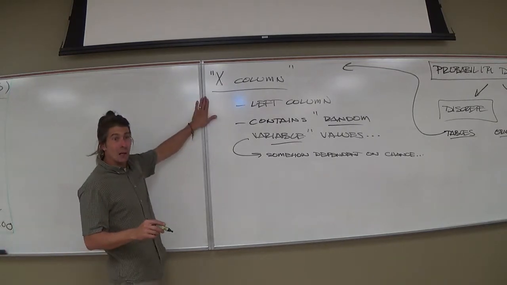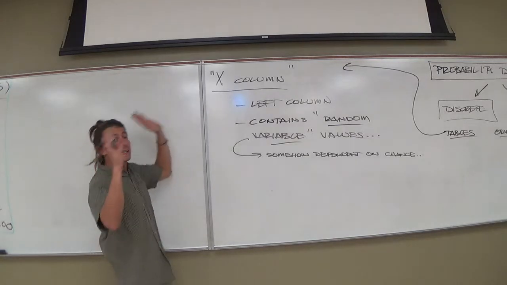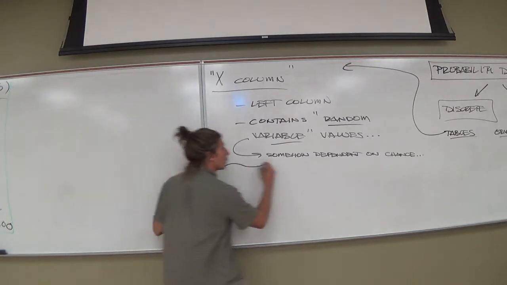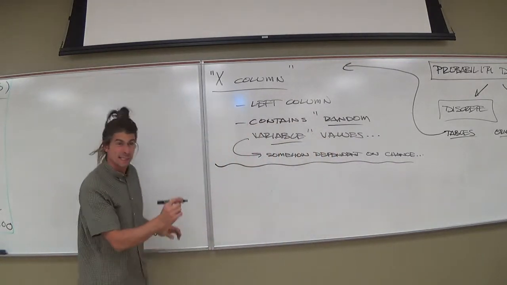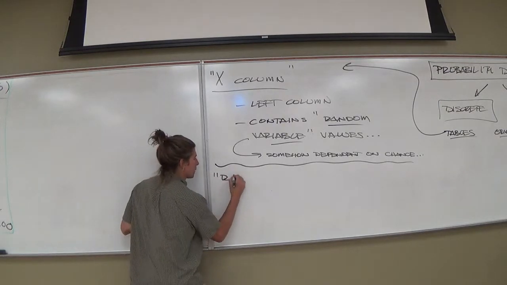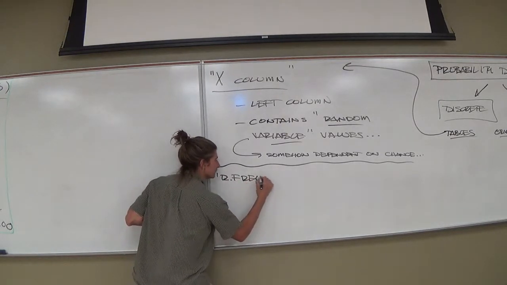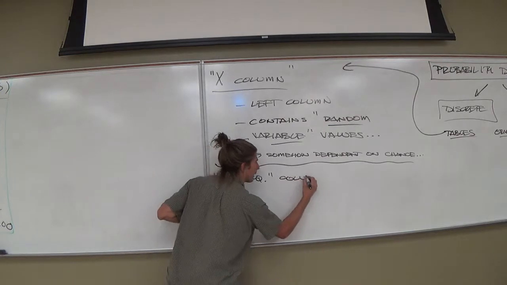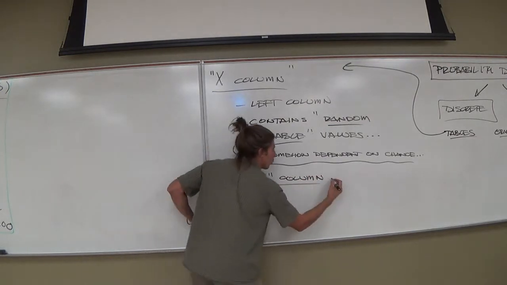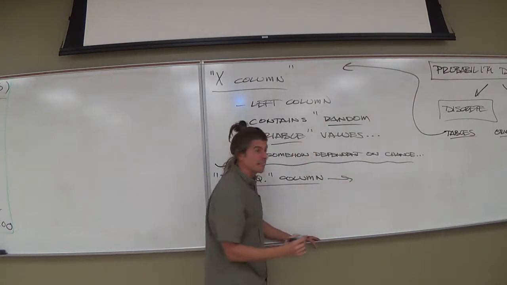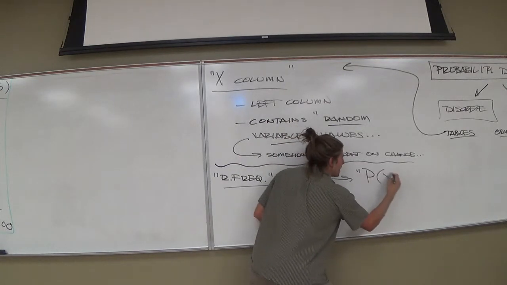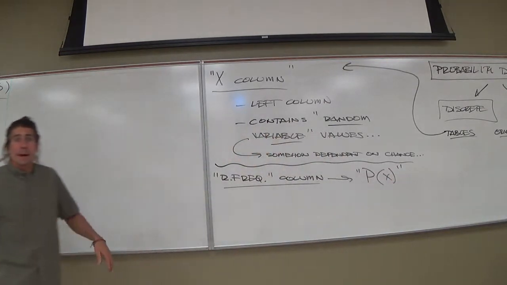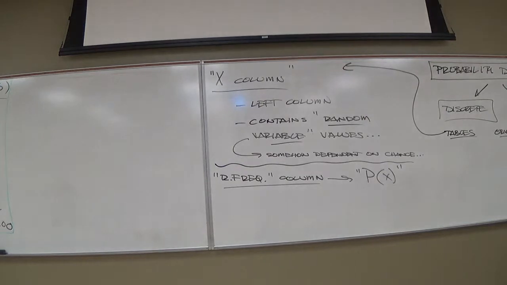So that's the X column. The right column, which up till now we've been calling the relative frequency column, we're going to start calling the probability column, or the P of X column, just because I want to start getting you guys to think in terms of probabilities and the interchangeability with percentages.